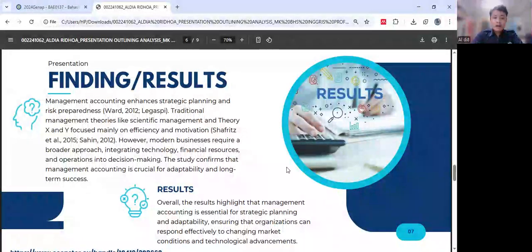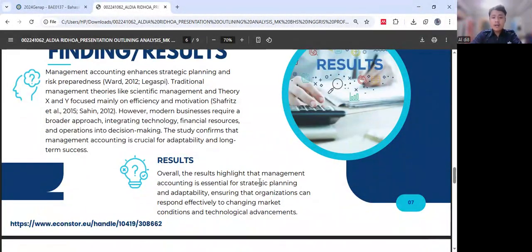In here, overall the results highlight that management accounting is essential for strategic planning and adaptability, ensuring that organizations can respond effectively to changing market conditions and technological advancement.